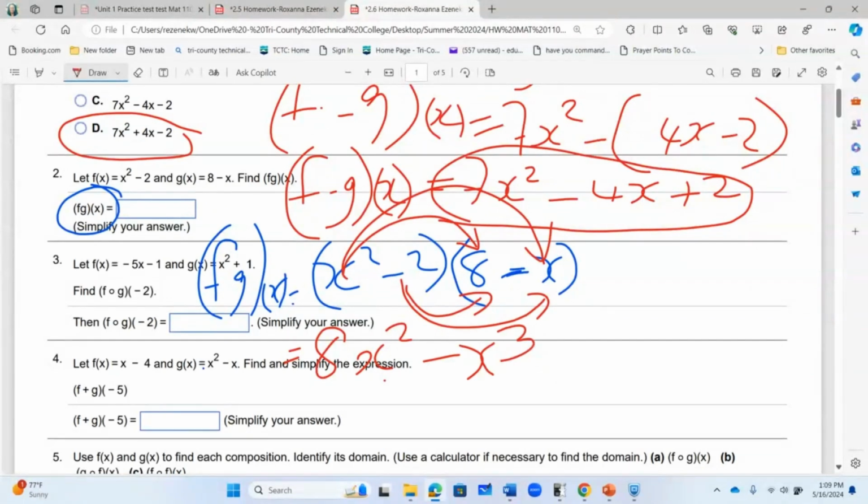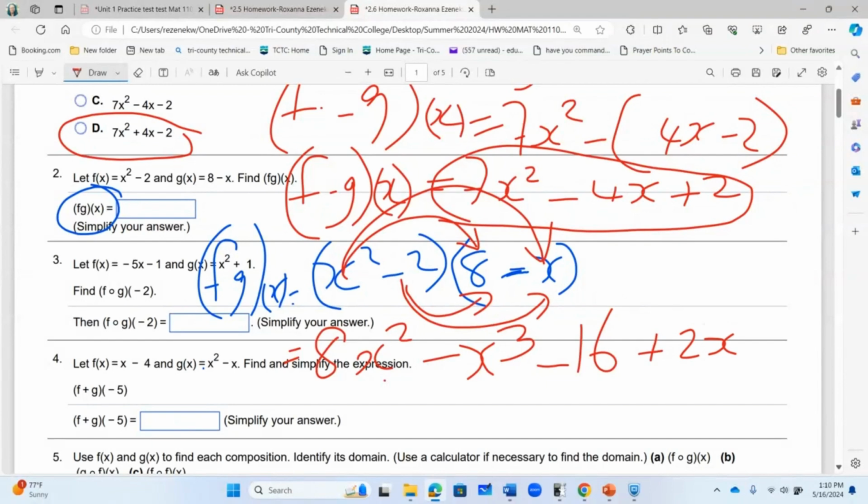Then I'm done with the first one. First, outside, inside, last. Okay, now the second one. Negative 2 multiply 8 is negative 16. Negative 2 multiply negative x, negative times negative is positive, so I have plus 2x.